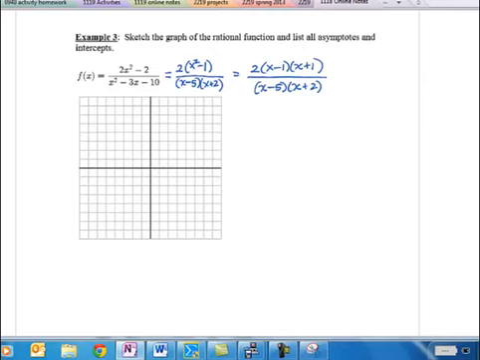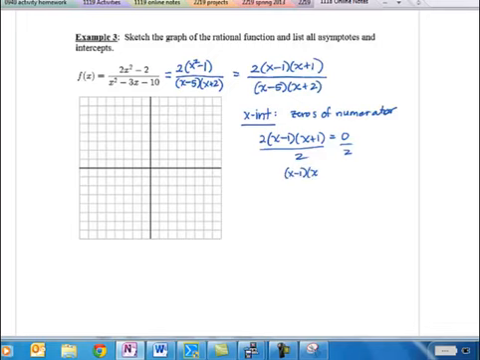So if we do our x-intercepts first, again, those are zeros of the numerator. So 2 times x minus 1 times x plus 1 equals 0. We can divide it all by 2, so don't think that 2 is itself a 0 of the numerator. We just have x minus 1, x plus 1 equals 0. So x equals 1 or x equals negative 1.